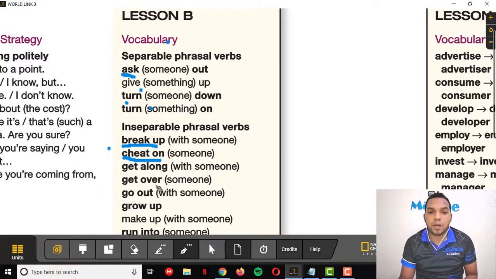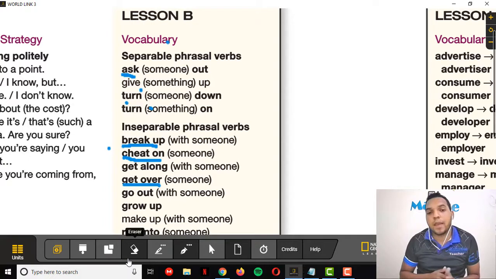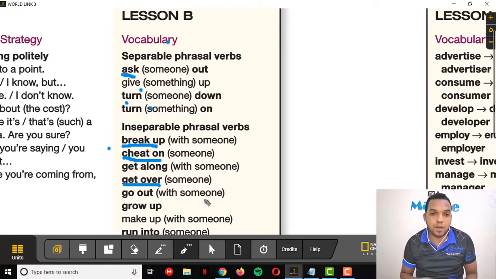Next one is get over someone. Remember, we are talking about relationships, about dating, so that's why I put the relationship into this part. So get over, we can say get over him, for example. It is when you break up with a person, when you finish a relationship, you have to forget about that.